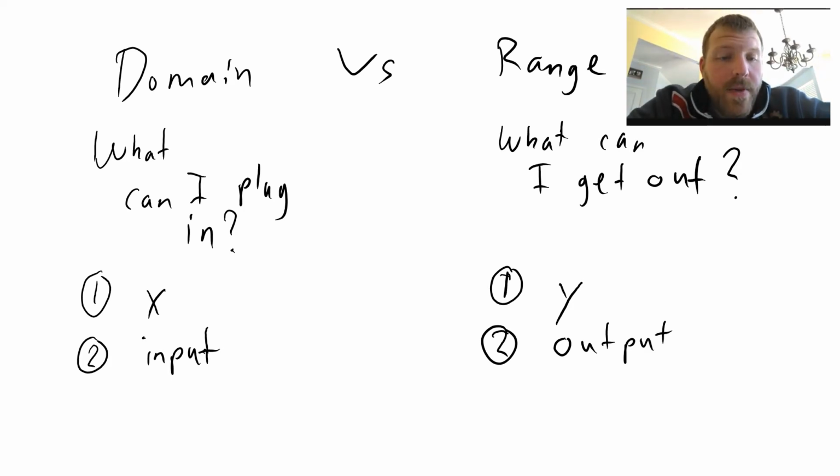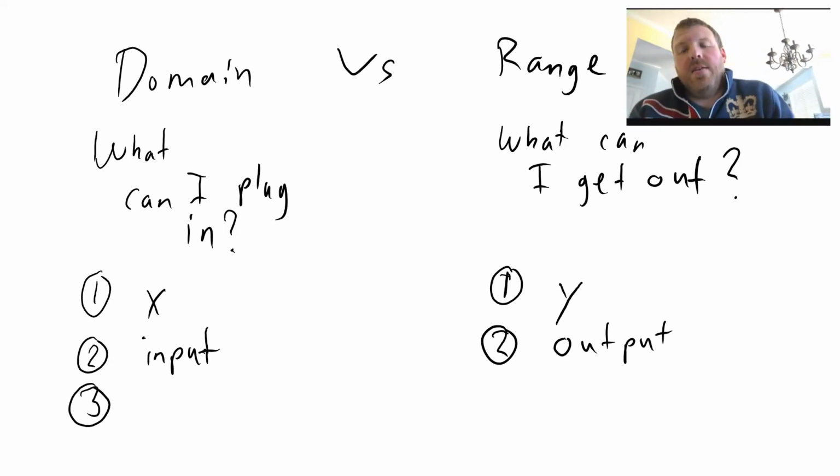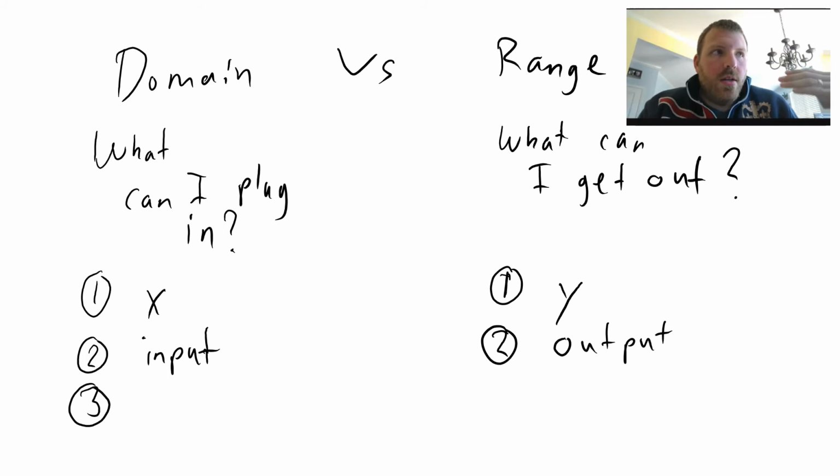And finally, 3, since x is what we're plugging in and we're changing and doing different things with, that means it's independent. And if you know what independent means, it means, well, I'm not dependent upon anything that's happening to affect me.